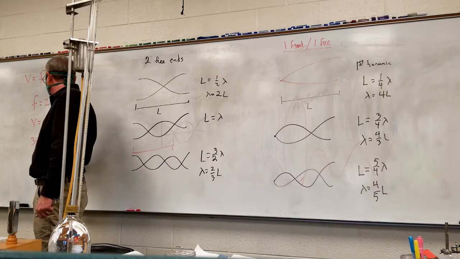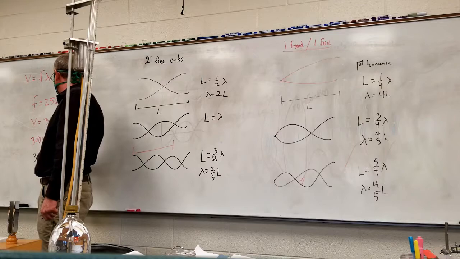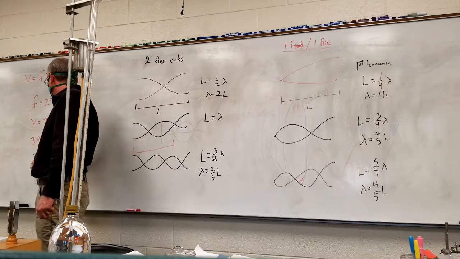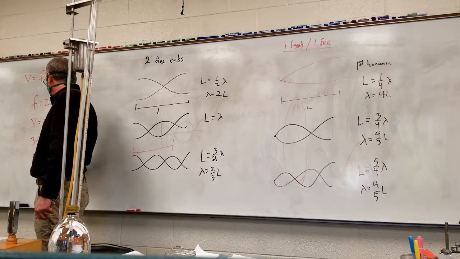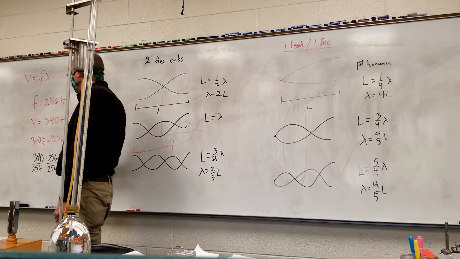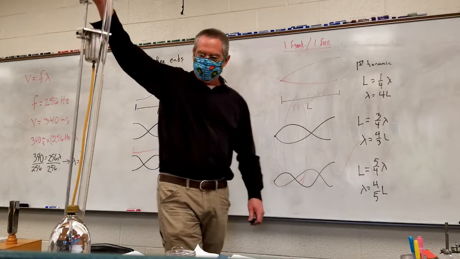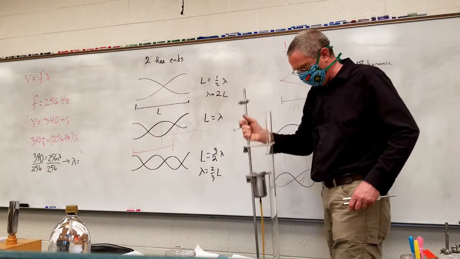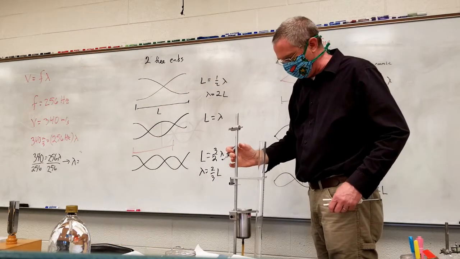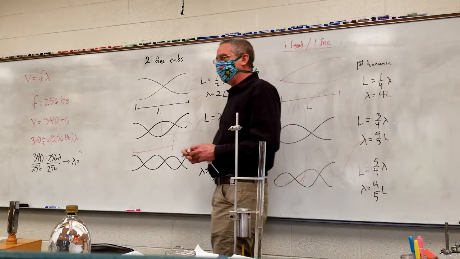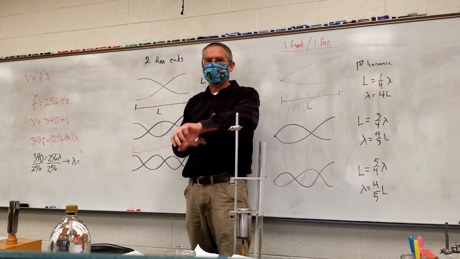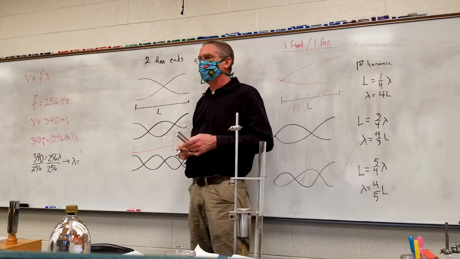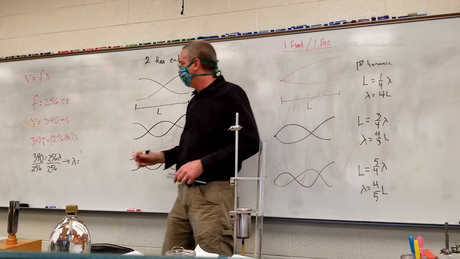So the math problem is 340 equals 256 times lambda, divided by 256. It's off to the side for just a moment. Hopefully not knock it down. So what is the wavelength that is produced by this tuning fork? 1.33.